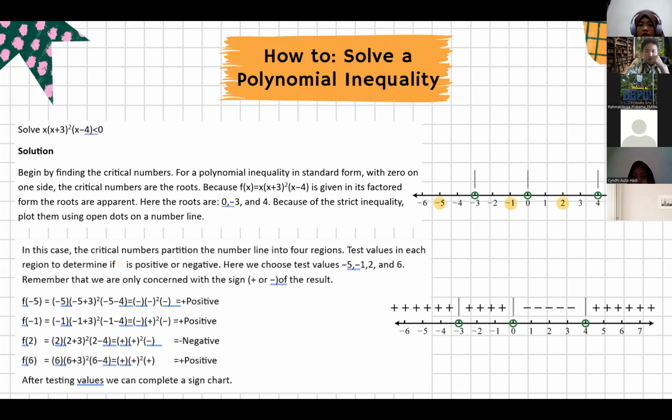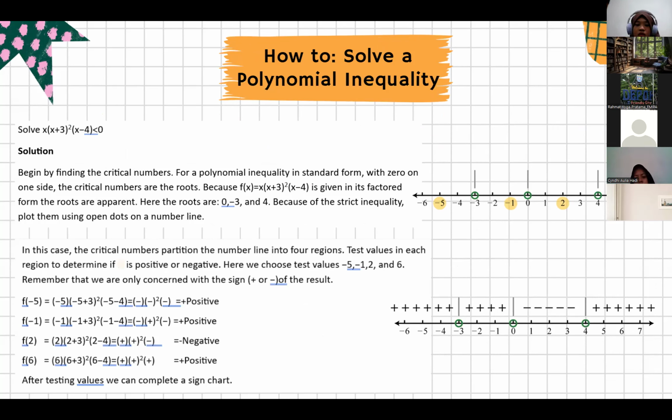Okay, how to solve a polynomial inequality. The first one, you can see that we have to solve x multiplied by (x plus 3) squared, multiplied again by (4 minus x), and the product is less than 0.